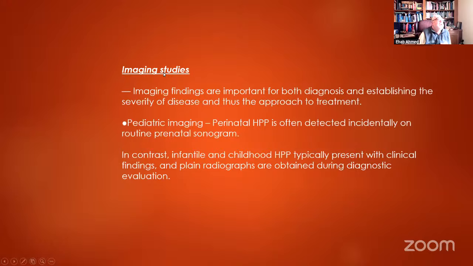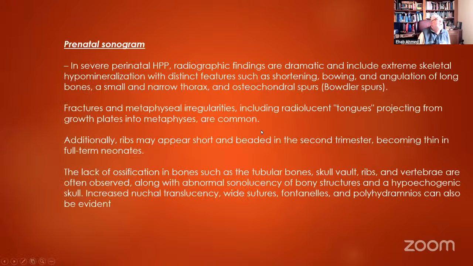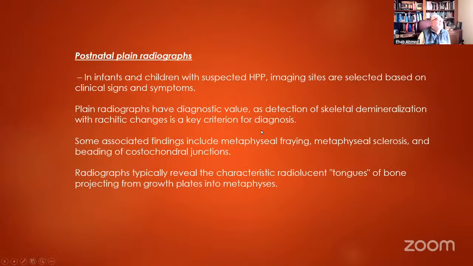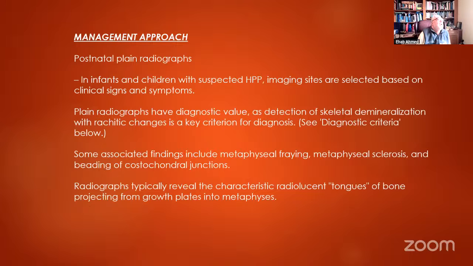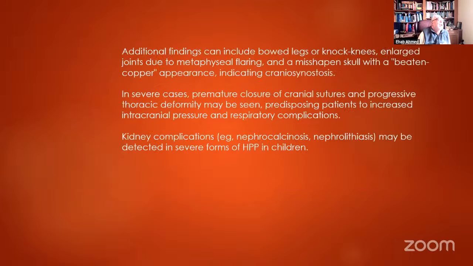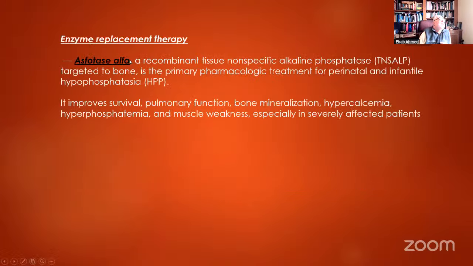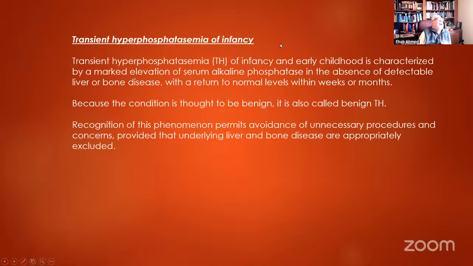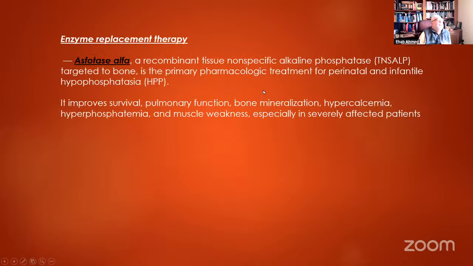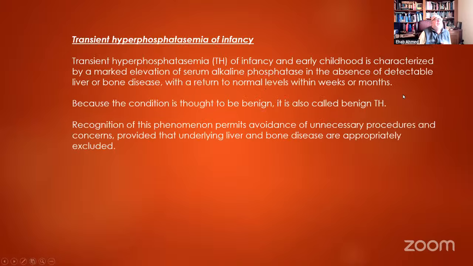Of course, imaging studies are important to show signs of rickets. Yes, the enzyme replacement, the enzyme available now is called asfotase alfa. And also, I think there is other advanced and genetically determined modes of treatment.